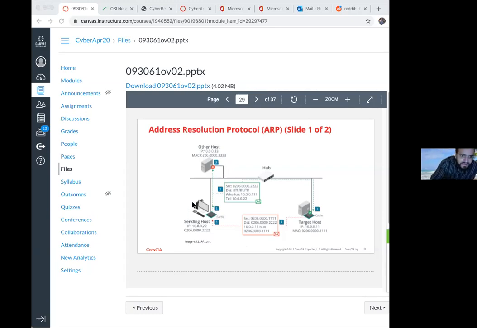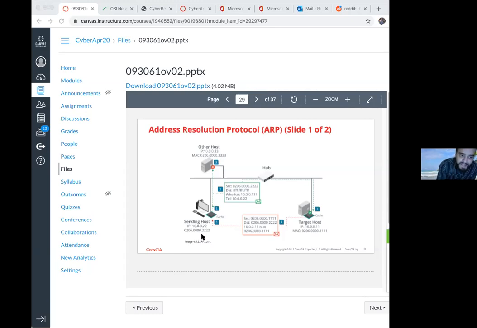The destination IP address has been determined, and it's going to figure out that it's a local one. So it's going to check its ARP table cache. They will have these IP addresses mapped to MAC addresses in a table, and they will try to look up where this person is located on the network.